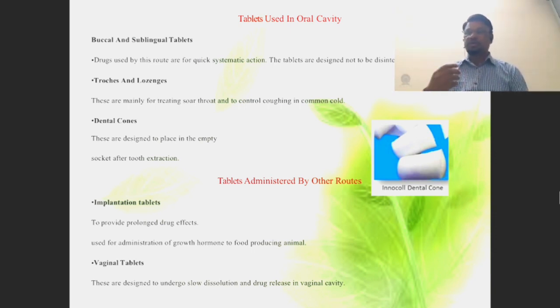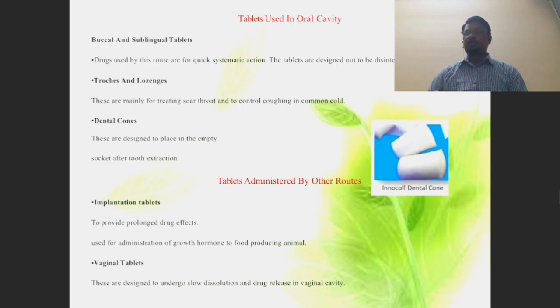Okay. Then troches and lozenges, which are mainly used for treating sore throat, coughing and cold. Okay. Dental cones, which are designed to be placed in the empty socket after extraction of the tooth. Okay. Then implantable tablet, which is used to prolong use of a drug, because sometimes some drugs are life-saving and are to be taken for 10 years, 20 years, 25 years likewise.